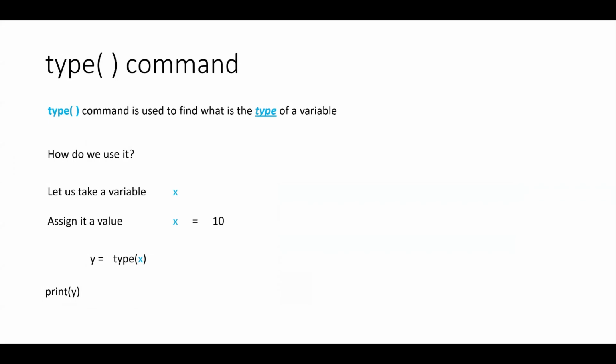The other way of doing it is, instead of storing this type x into a y, we can simply take this whole thing, type x, and put it directly into a print command. Print type of x. So that will save a step. We don't have to utilize another variable y.